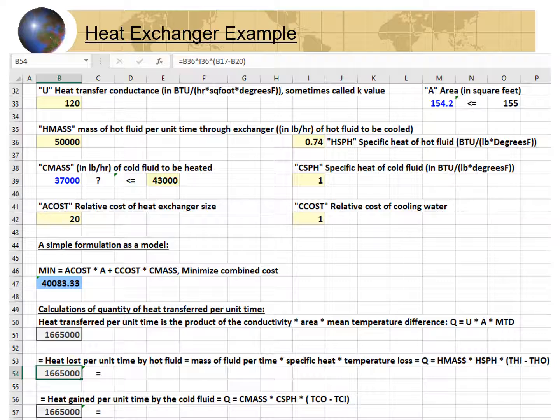And we know the specific heat of the cold fluid, and we know how much is flowing through it. We can calculate the heat gained. Those two things have to be equal. So you've got these various flow balance constraints. So that's how you can model a heat exchanger quite easily in a spreadsheet with What'sBest using this log mean temperature difference function that is available there.